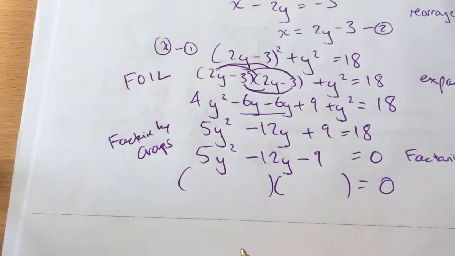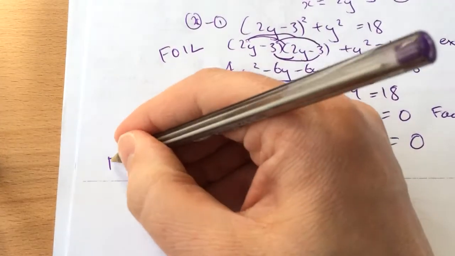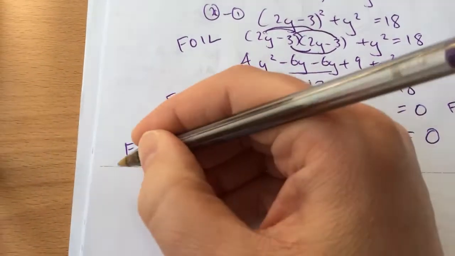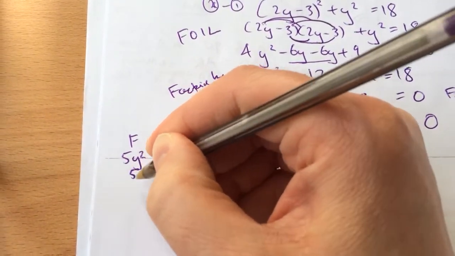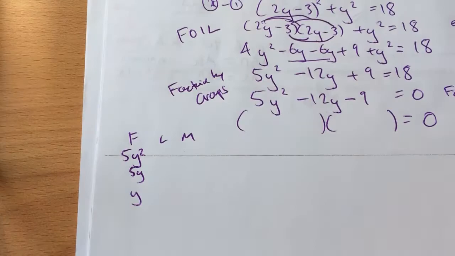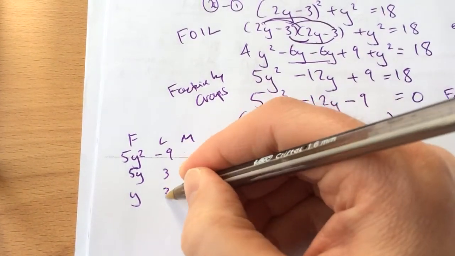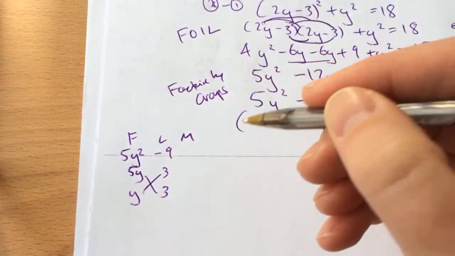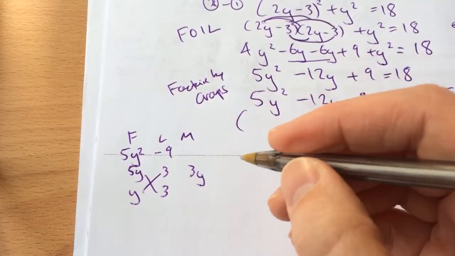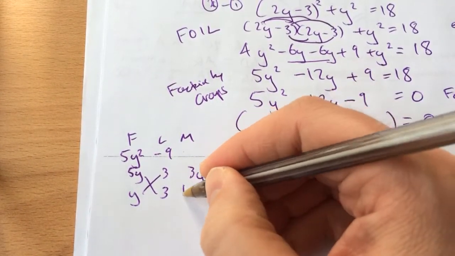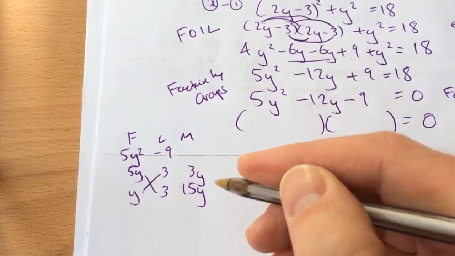I got taught a method which was first, last, and middle. So I'm going to put 5y squared there and break that down into its factors. The last one being the minus 9, which I'm going to break down to its factors, and hope that when I cross multiply, ignoring the signs for the minute, I can see that I can get 12.